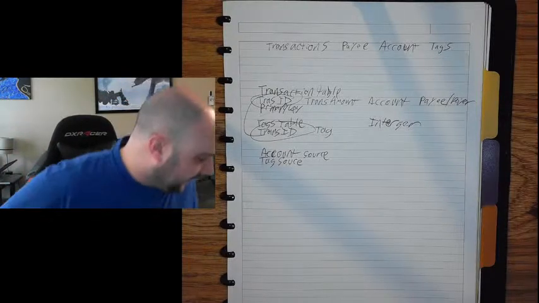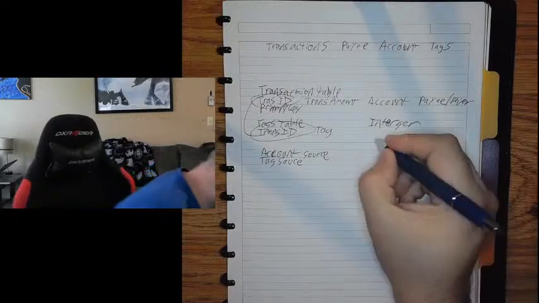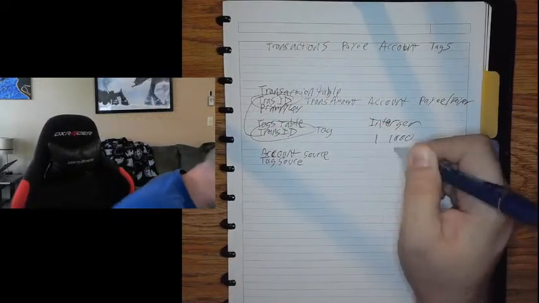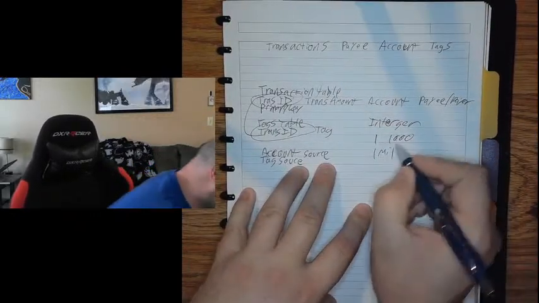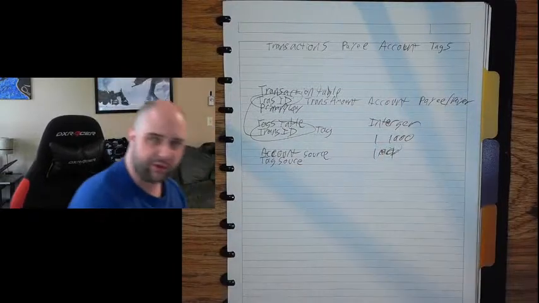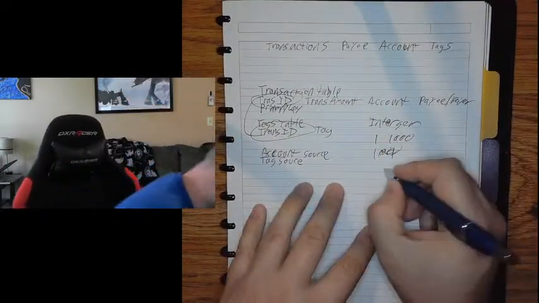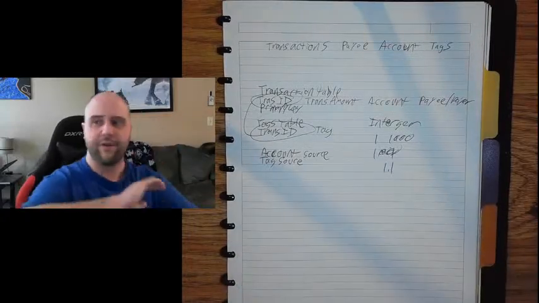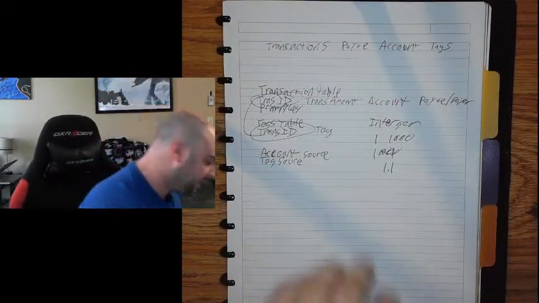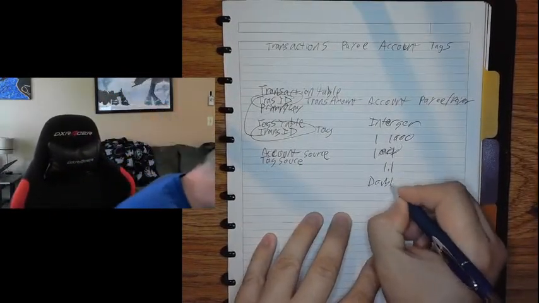So an integer is basically any number, 1,000, 1,000,000, obviously with the actual zeros instead of the letters, and any number that does not include a decimal. As soon as you are 1.1, you are not in integer anymore. You are now in double land.